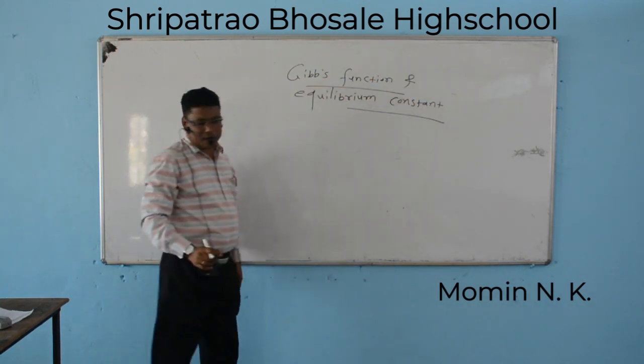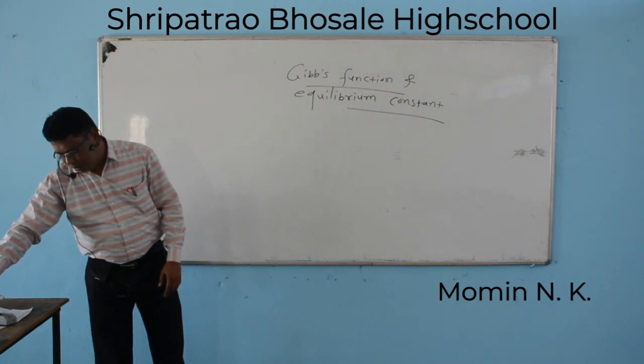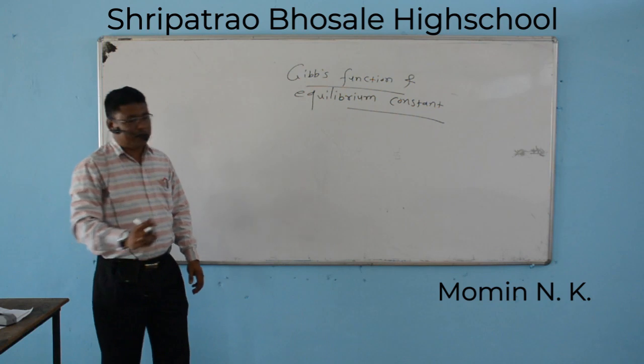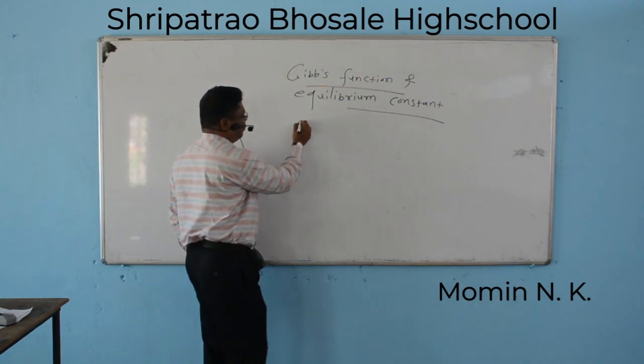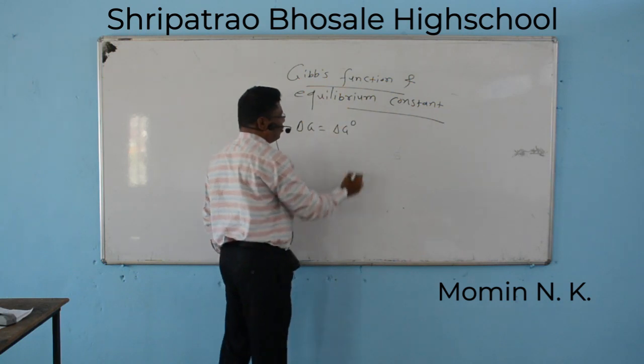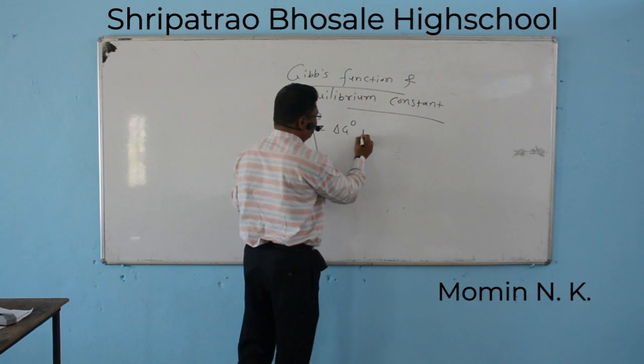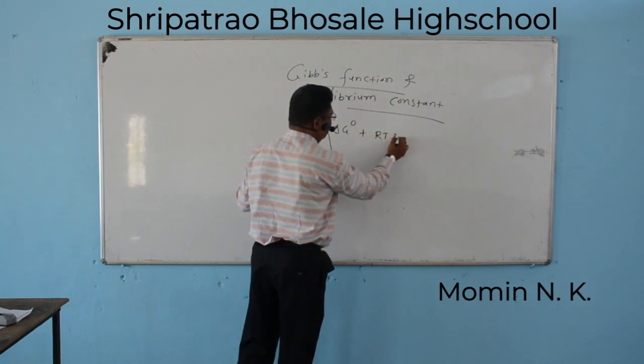So here you know that Gibbs energy change for a chemical reaction is given by the equation delta G is equal to delta G0 plus RT log of Q.